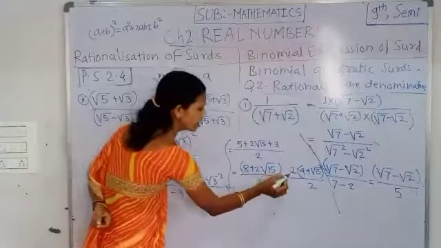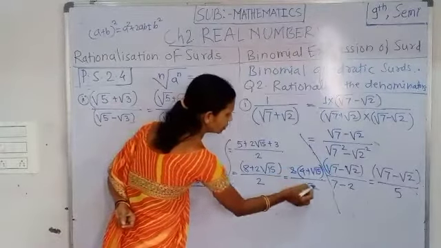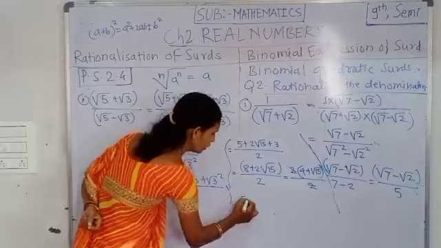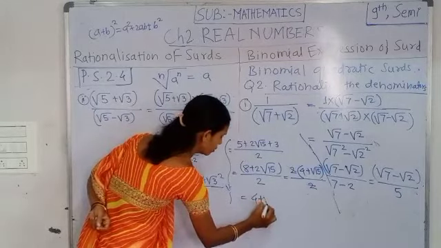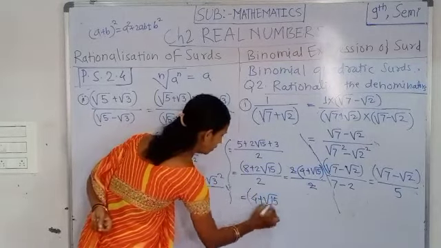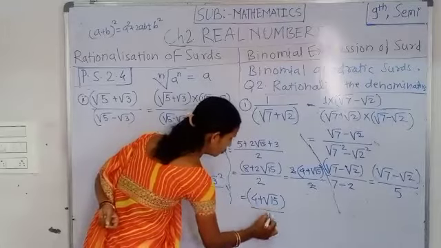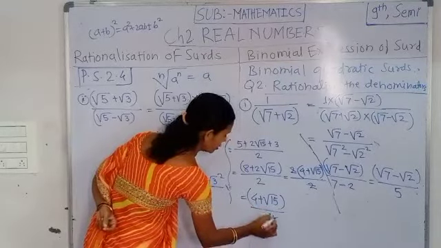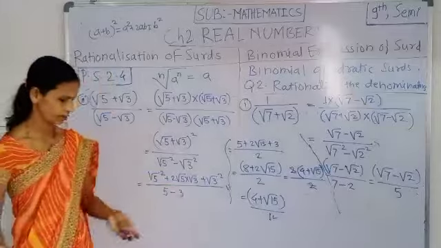Then we can cancel 2. Therefore, we get 4 plus root 15. And here upon 1 means we have rationalized the denominator.